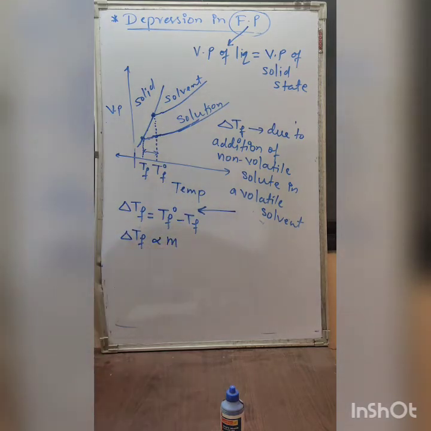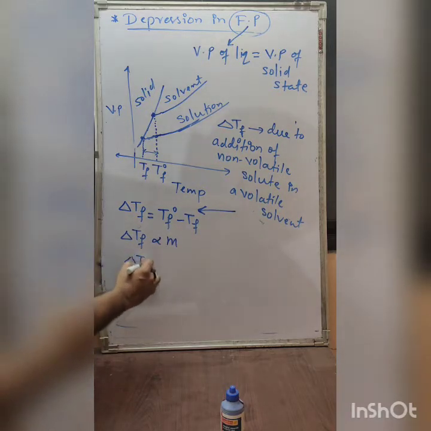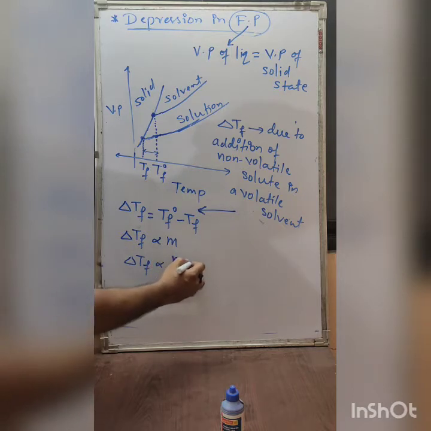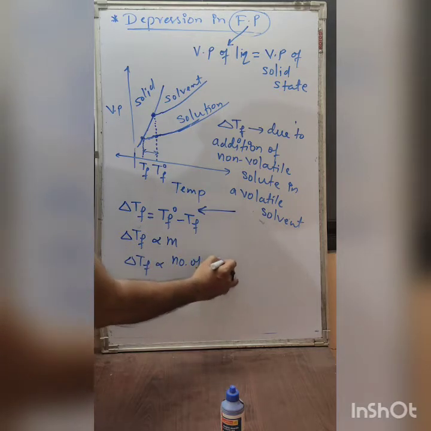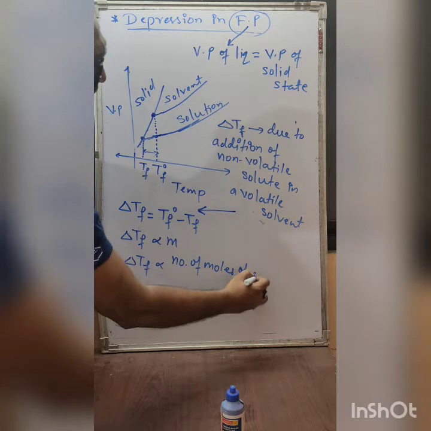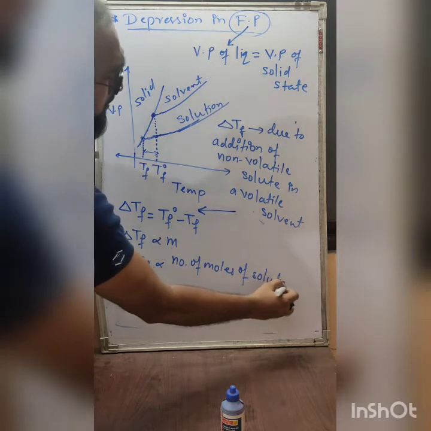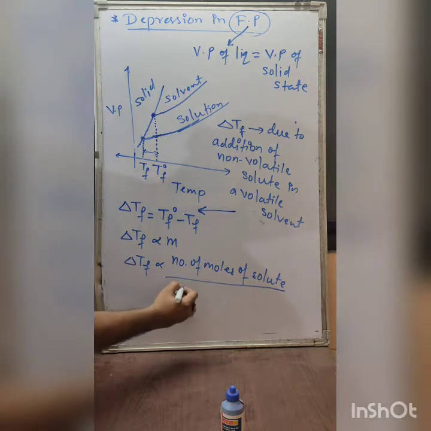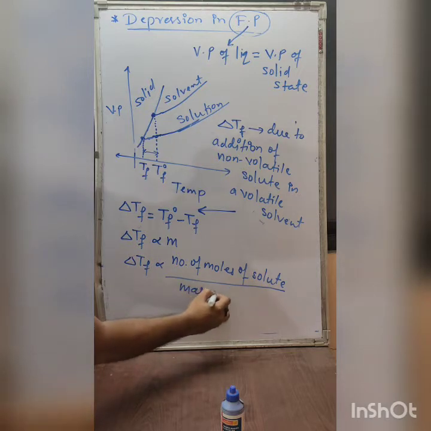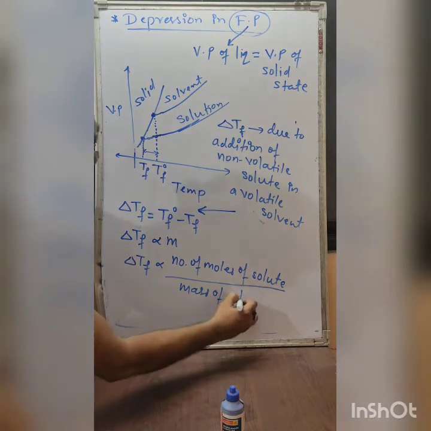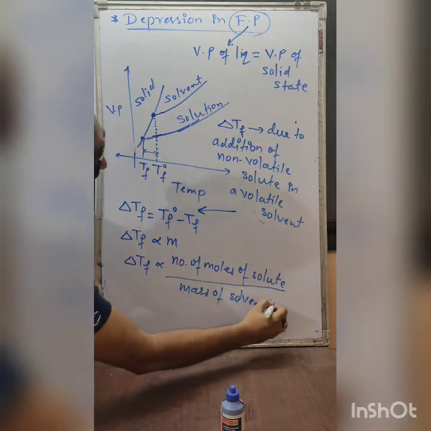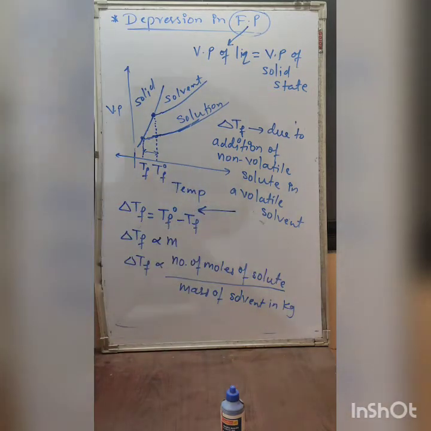Small m is called molality, defined as the number of moles of solute upon the mass of solvent in kg.